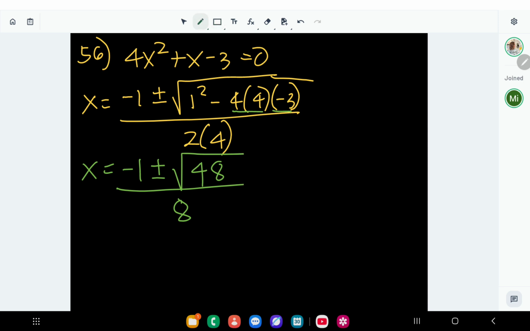Then we can write, okay, what are the factors of 48? Negative 1 plus or minus the square root of 48 can be 3 times 16, 16 times 3, right?